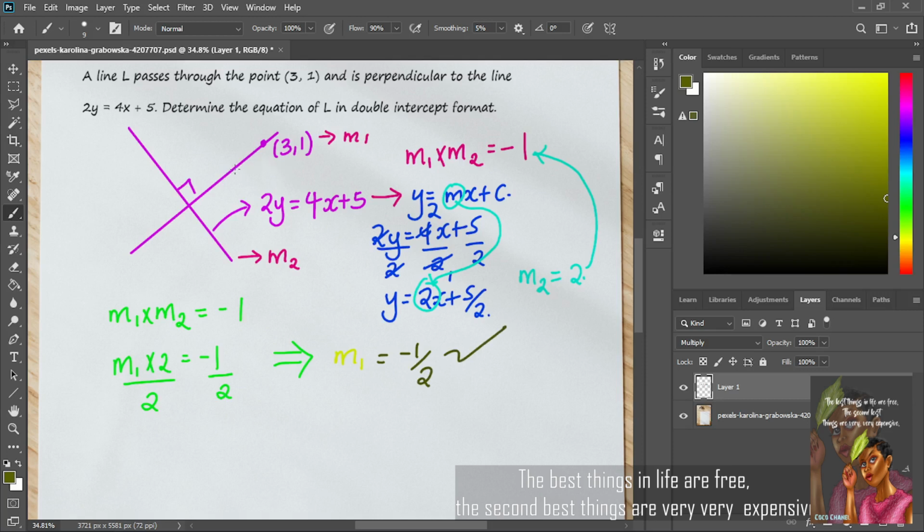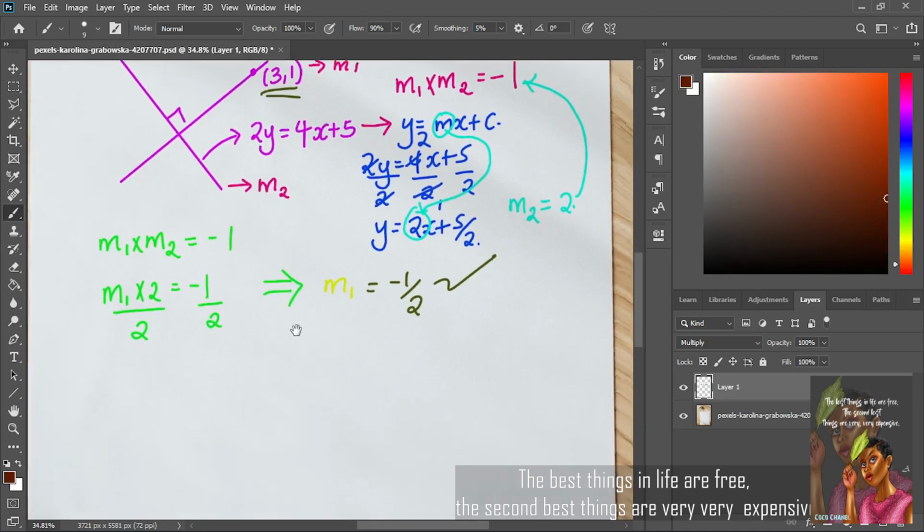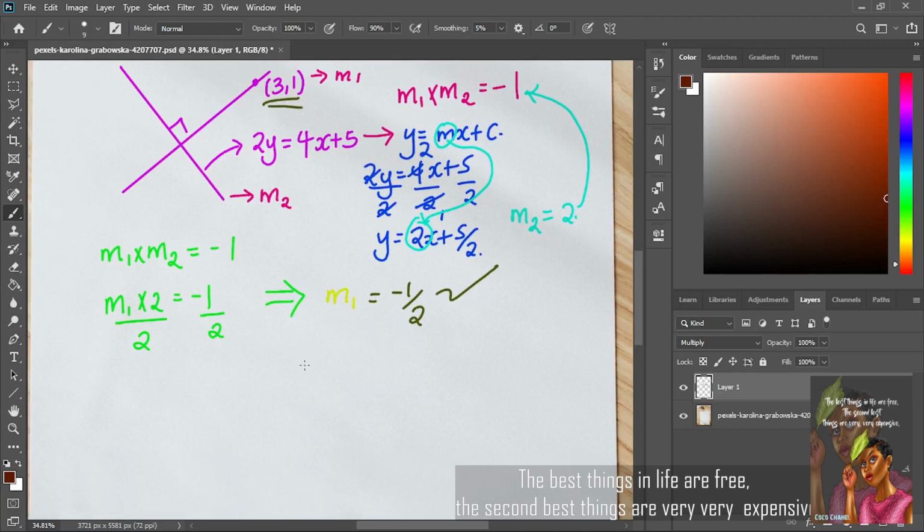On this other line, we now know the gradient and we have one point which is (3,1). Using those two, we can easily know what the equation of the line will be. So we'll take the point (3,1) and then another point (x,y), and the gradient is supposed to be -1/2.